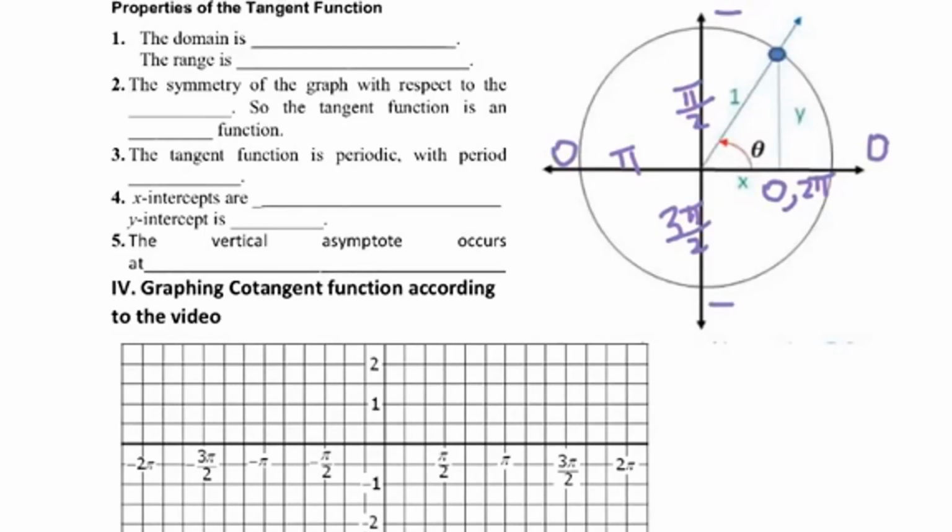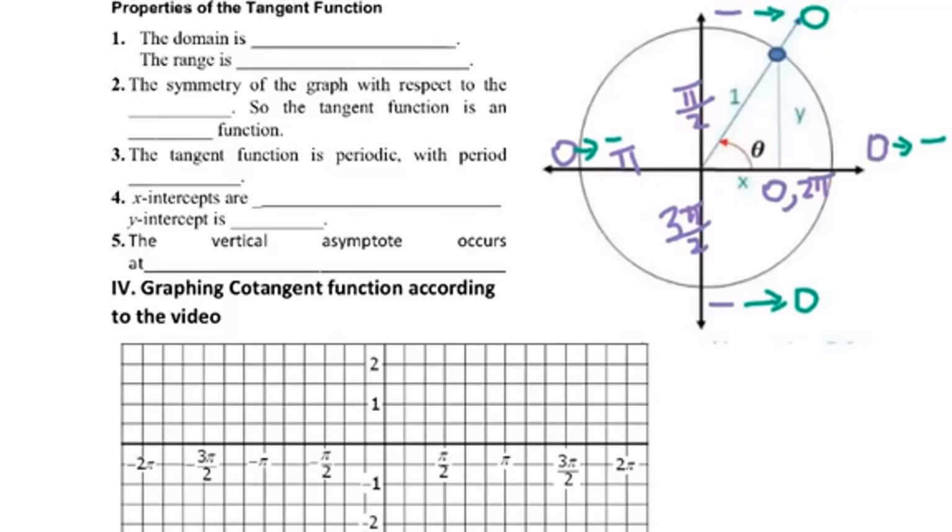For the cotangent, it will be the reciprocal. The reciprocal of 0 is undefined. The reciprocal of undefined is 0. Then the reciprocal of 0 is undefined. Then the reciprocal of undefined is 0.